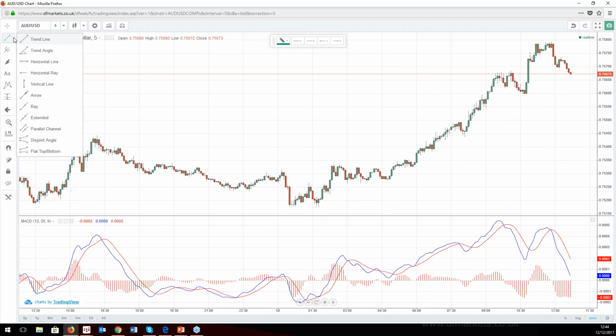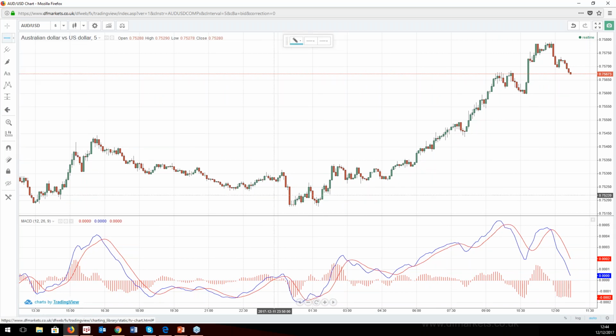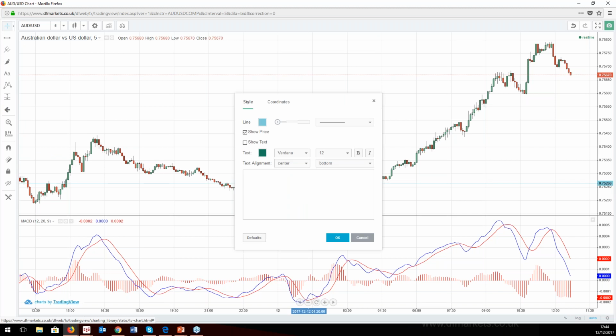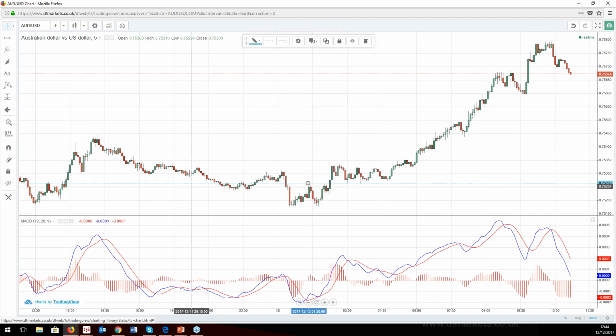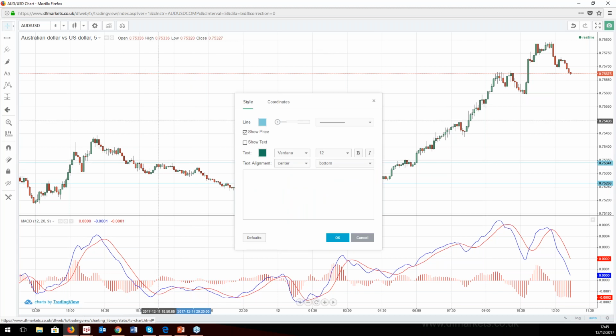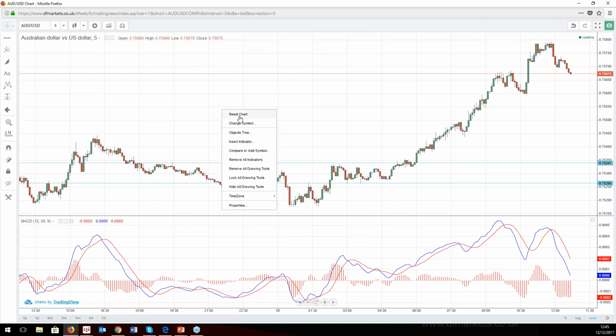What you could look for is, there's a resistance level there, and we found some resistance around here. Let's put another horizontal line in there, and then another horizontal line.